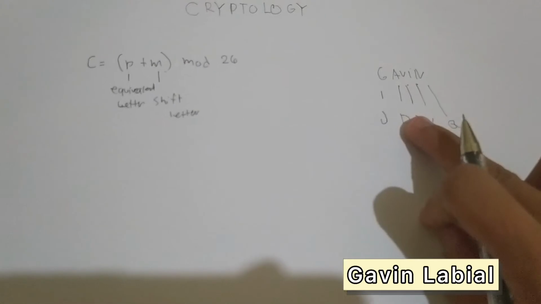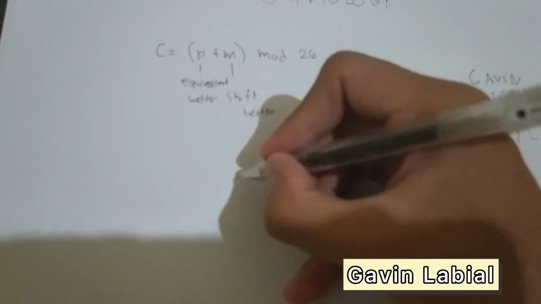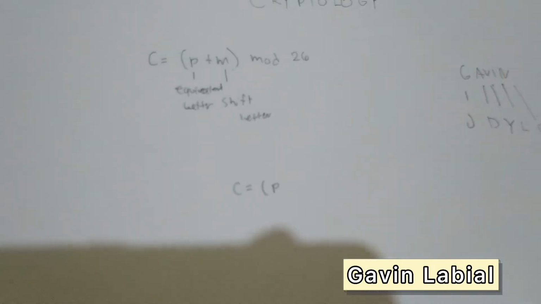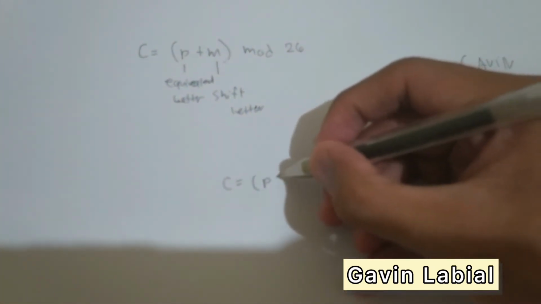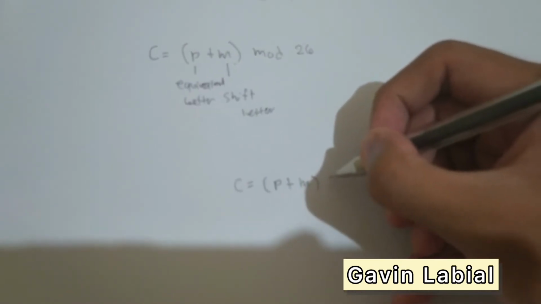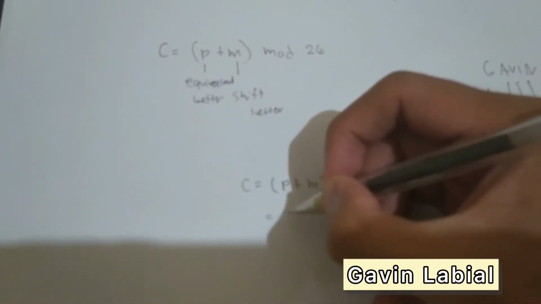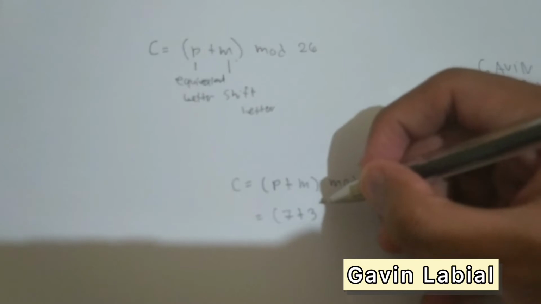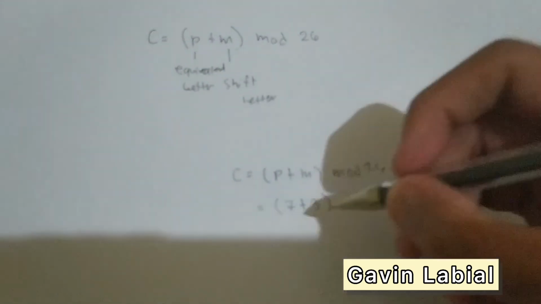So in order to check if this is correct, let's use the formula. C equals P, the value of G, which is 7. Turning this into a formula, this would result in 7 plus 3, since we shift it by 3, modulo 26.